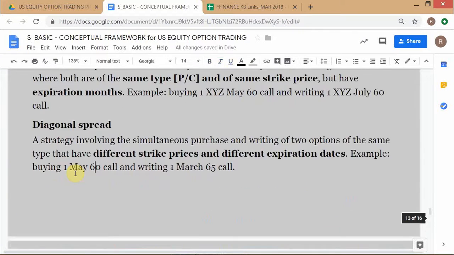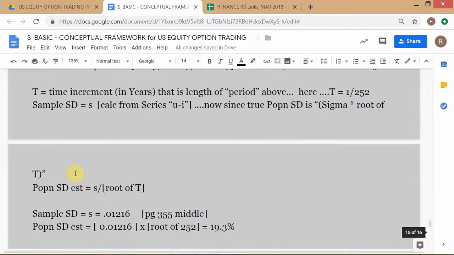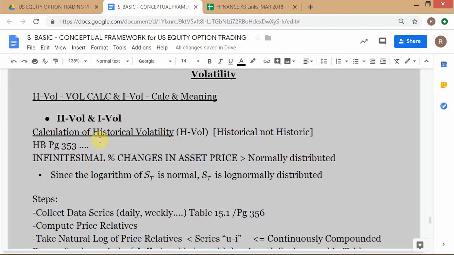If you see here, there is a calculation of H vol given on page 353 of Hull Basu. There is a standard way of calculating H vol. You first set up your data series, which is the price history as a time series. The second column will be the price relatives, that is PT plus 1 divided by PT.